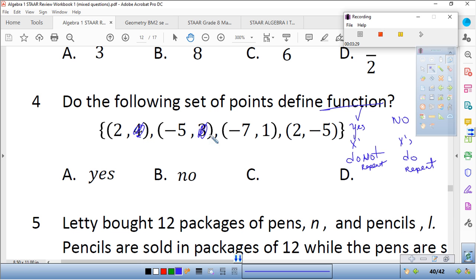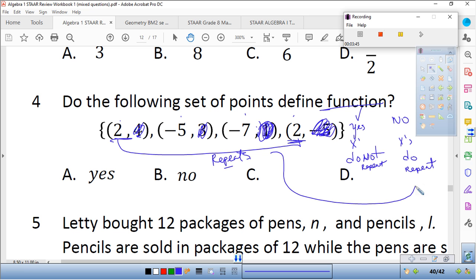I'm not even looking at them. I could care less what they say. Oh, this repeats. X's do repeat. Not a function. Cool.